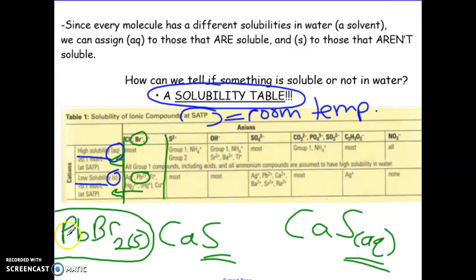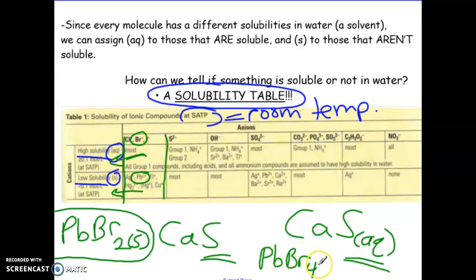Now be careful. Lead(II) is in this bottom row, but if this was lead(IV), lead(IV) is not in this bottom row. See how it says most up here? That means everything that is not in this bottom row where it's listing out the ions, every other ion would fall under this top row.